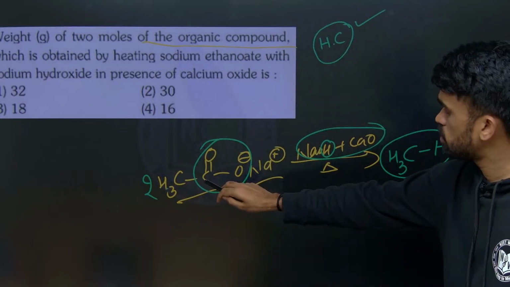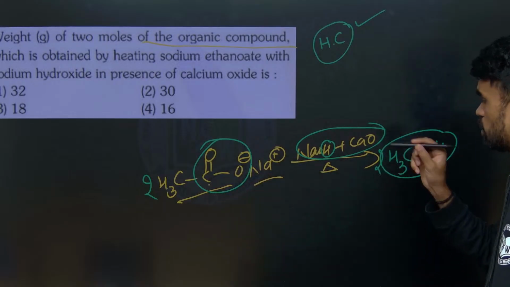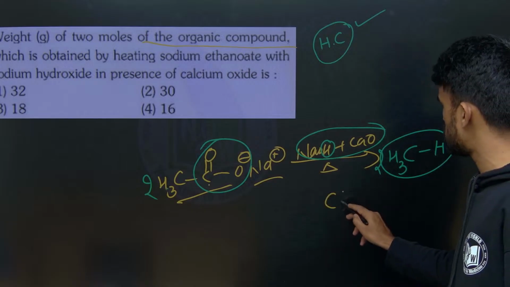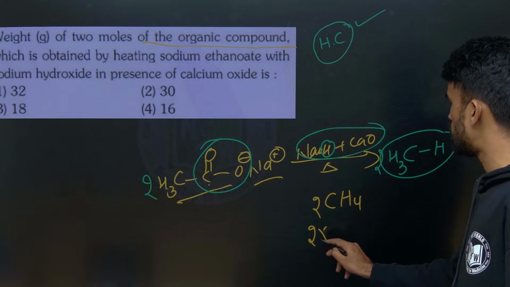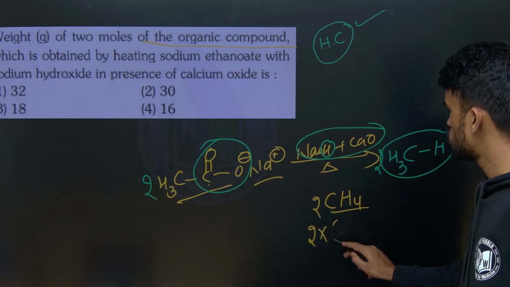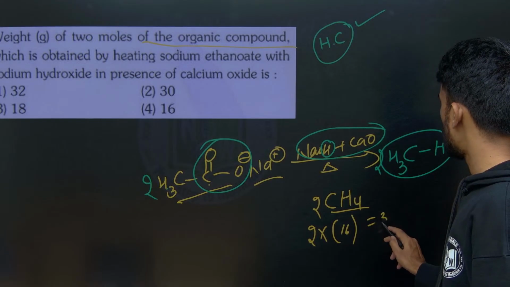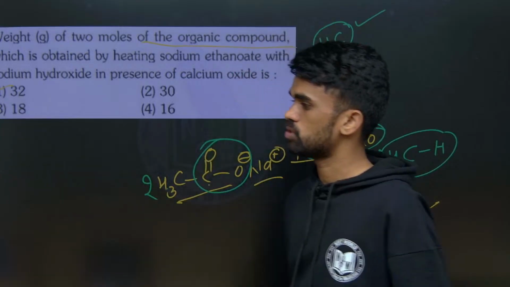If it is 1 mole, the product will be obtained. If we take 2 moles, it will give 2 moles of this product. CH4 is nothing but methane. So we got 2 moles of methane. 2 into the molecular weight of methane, 12 plus 4, 16. That will be 32 grams of product formed. So the first option is correct for this question.